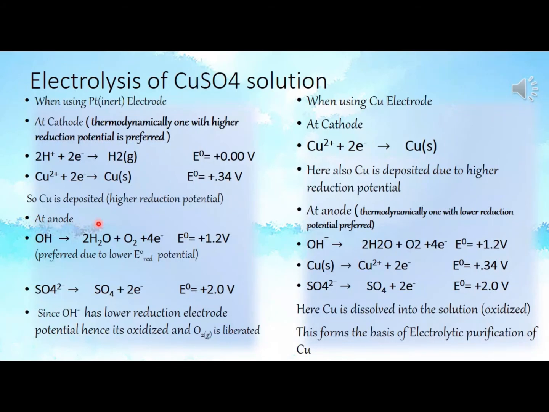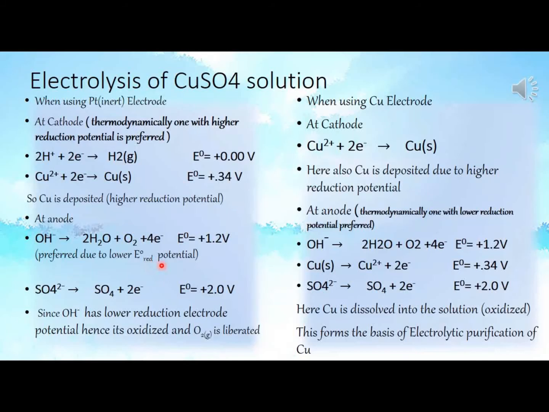One is OH- and the other is SO4 2-, that is hydroxyl ions and sulfate ions. At anode, we know that oxidation occurs. So the ion which has lower reduction electrode potential will get oxidized.